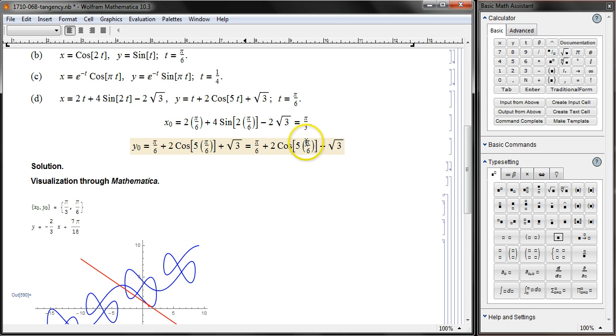This is cosine of 5 pi over 6. And what is cosine of 5 pi over 6? 5 pi over 6 is in the second quadrant, so this expression has to be negative, negative square root of 3 over 2.